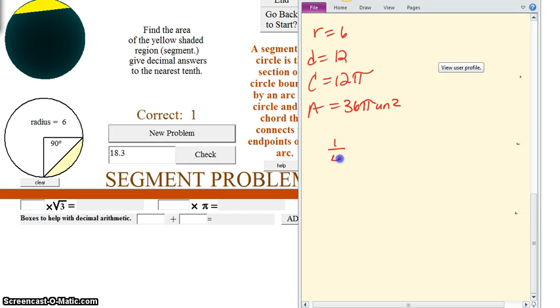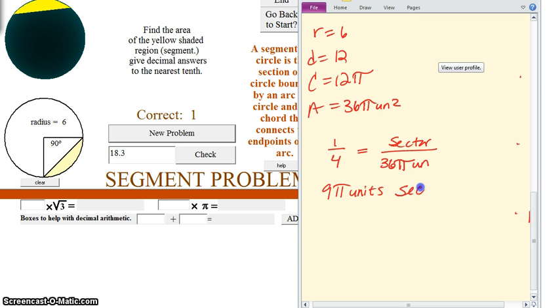I have 1/4. 90 over 360 is 1/4. The sector, that's compared to a circle that has area 36 pi units. I'm going to get 9 pi units when I do my cross products or bust the fractions.